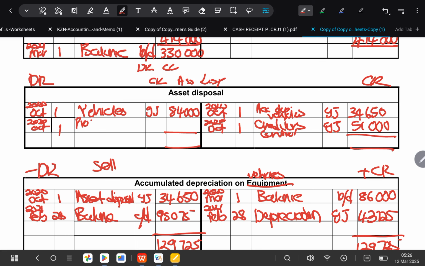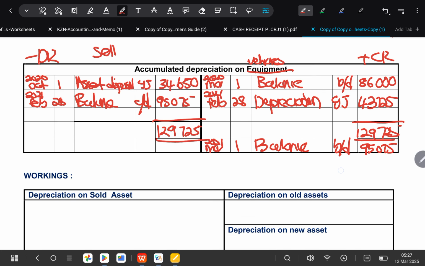So we'd have profit on sale of asset. Okay, then let's check that. Remember, the total is 85,650. So if you take it and you subtract 84,000, it's going to give you 1,650. And we can confirm if this is right.